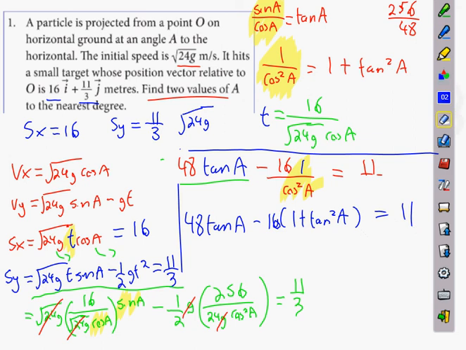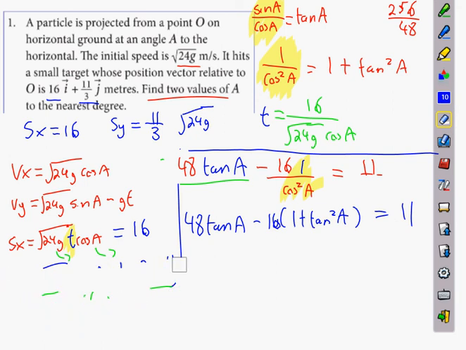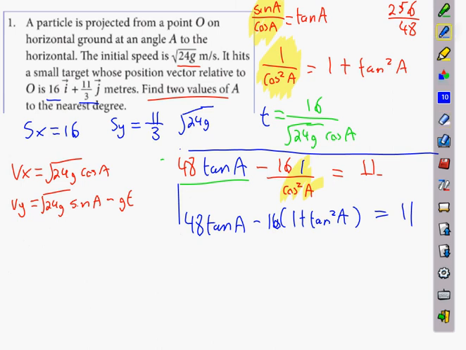Now, does anybody know where to go next with this? You multiply it out and we get 48 tan A minus 16 tan squared A minus 11 equals 0.